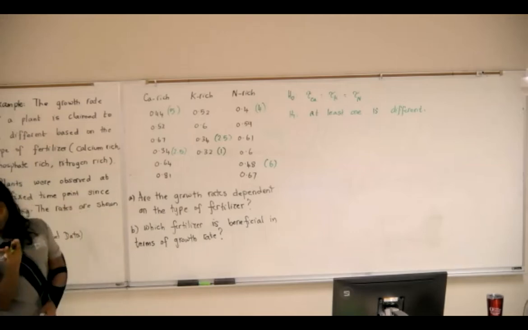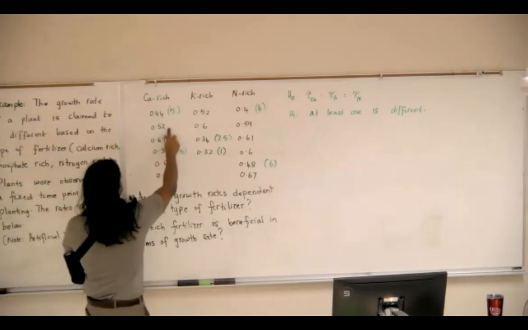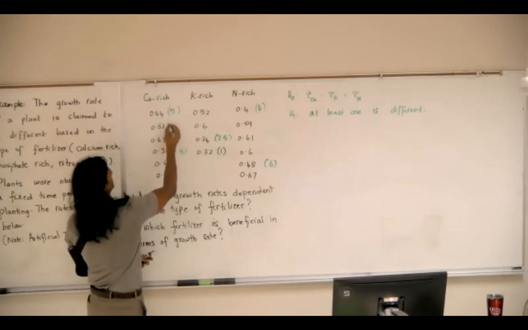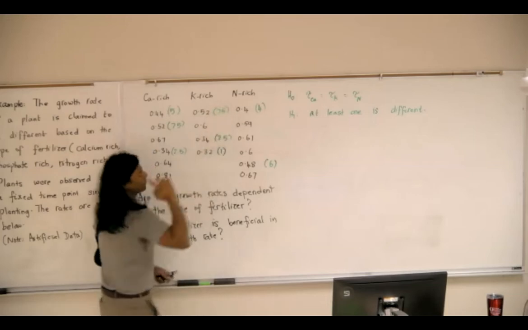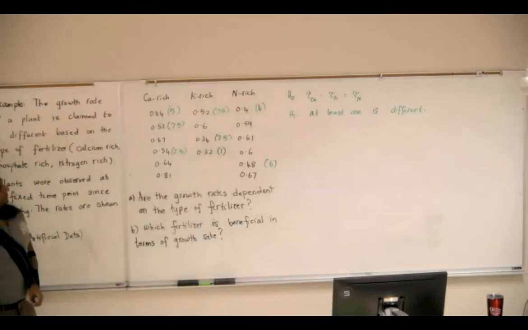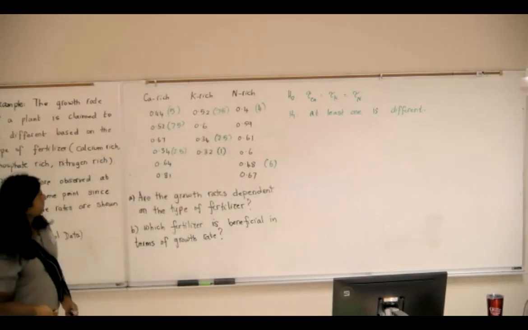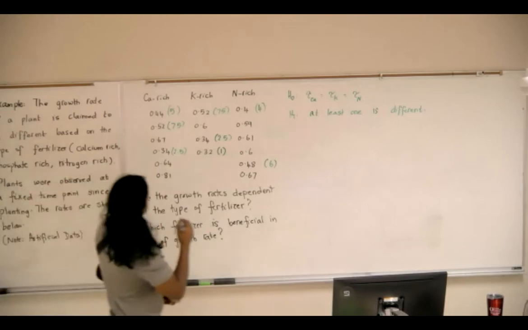I have 2 of them. So 7, 8, average of those two, 7.5. What is the next one? Next rank, 9.